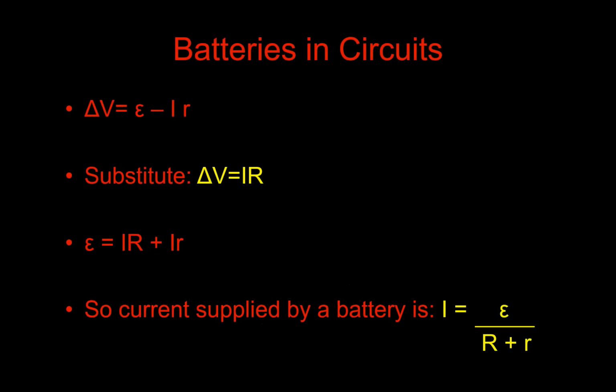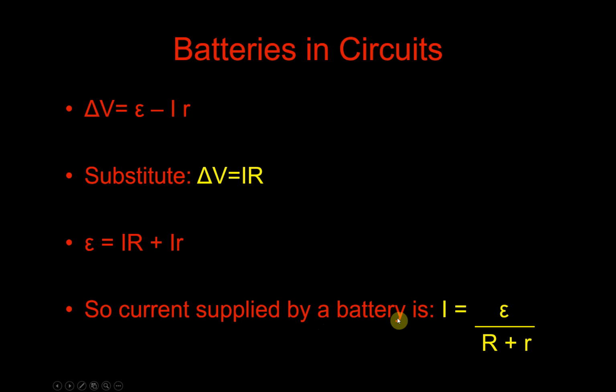So in terms of batteries in circuits, we can say delta V for our battery is our electromotive force minus Ir. Both of these will come out in volts. We can sub in V equals IR, of course, and have voltage on both sides. This is I times the resistance of the circuit, whereas this is I times the internal resistance of the battery.